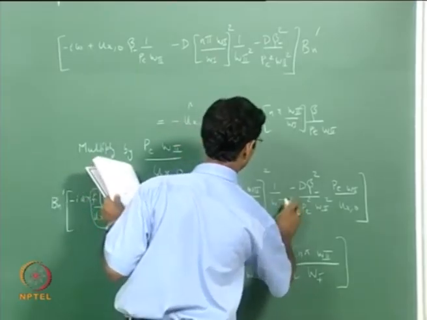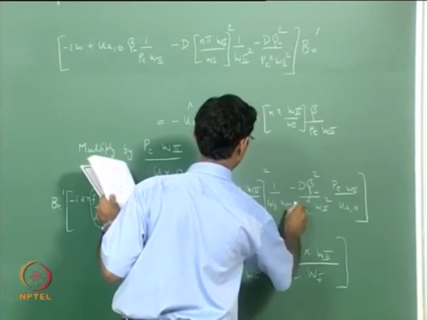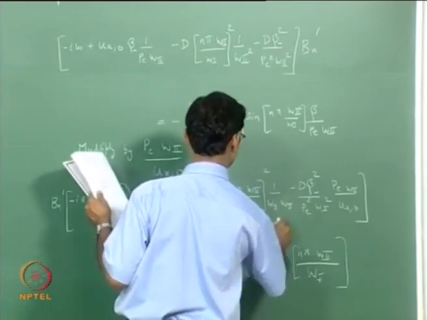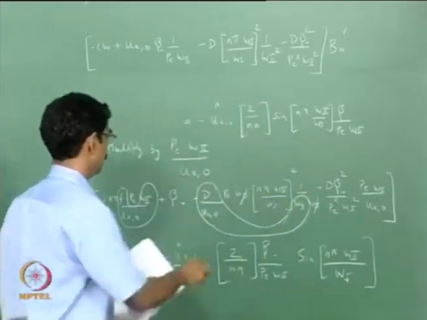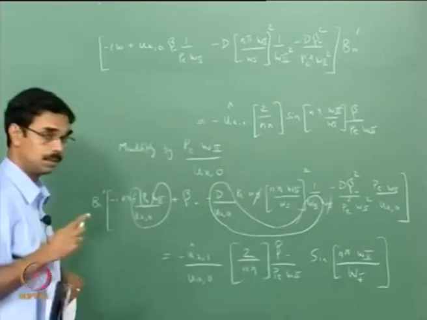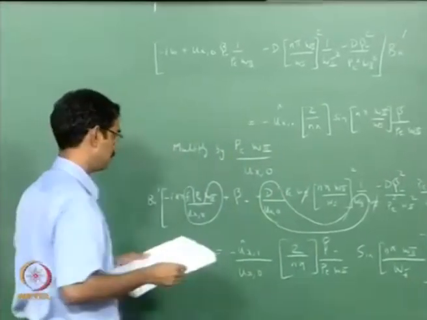So we can write this as W2, W2, and this will cross with this. And what is this? 1 by Peclet number. 1 by Peclet number cancels with Peclet number, so that's 1.